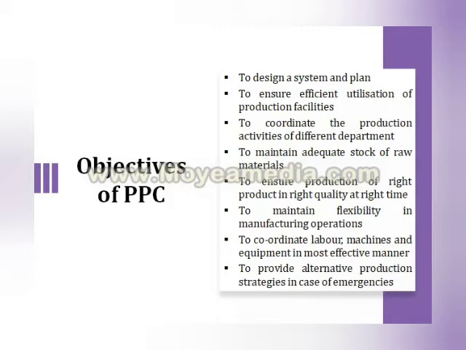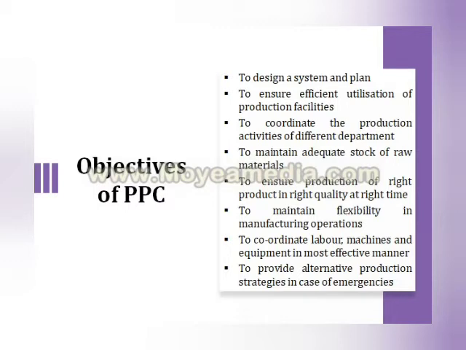The advantages or objectives of production planning and control: it ensures continuous production by the efficient utilization of your production facilities. Then it helps in cost control and profit maximization. It can help you improve customer satisfaction, planning of resource requirements and inventory control, minimum material handling and storage cost, and better equipment or facility utilization.